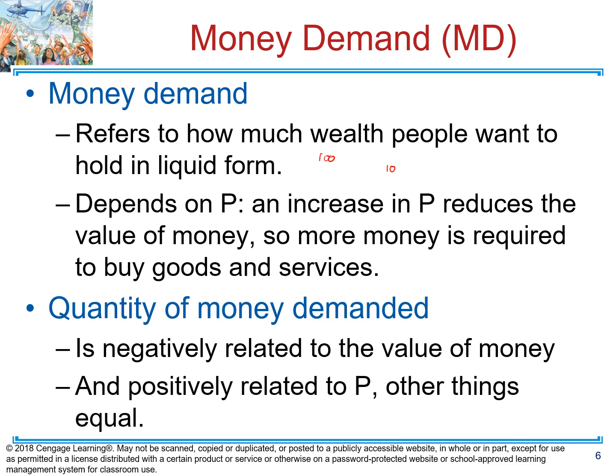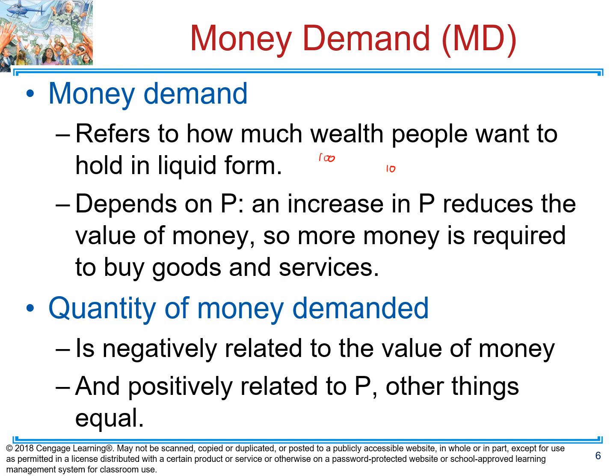So it depends on the level of price. An increase in price reduces the value of money, so more money is required. More money is necessary to buy goods and services. So demand for money goes up.